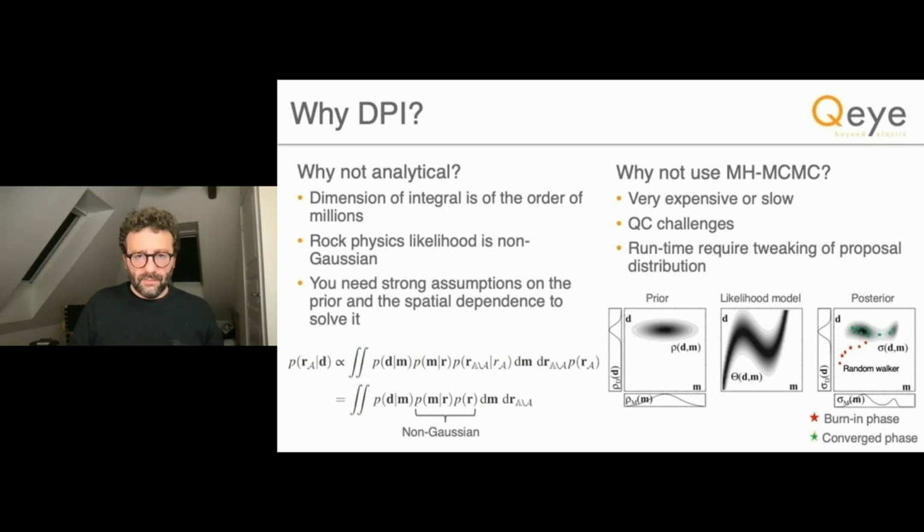There exist some more brute force methods that should in theory always work, but they're extremely slow. And they have their own set of problems. But we'll see in the end, we actually use Metropolis-Hastings, which is one of these slow methods, to check for the correctness of the DPI results, because we do some approximations. More on that later.